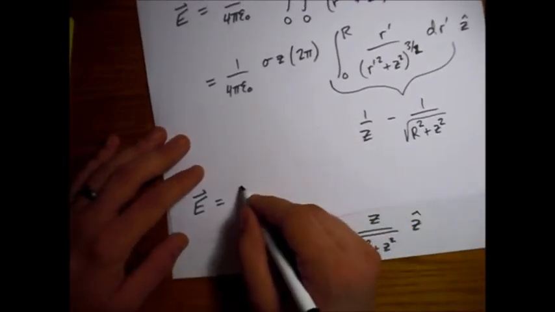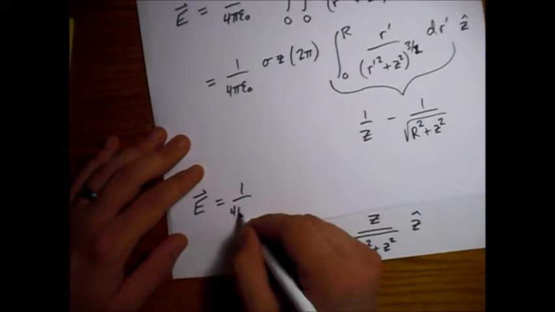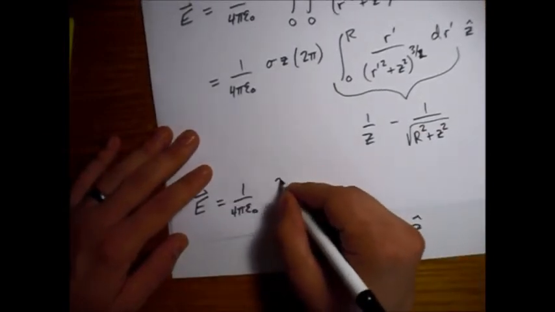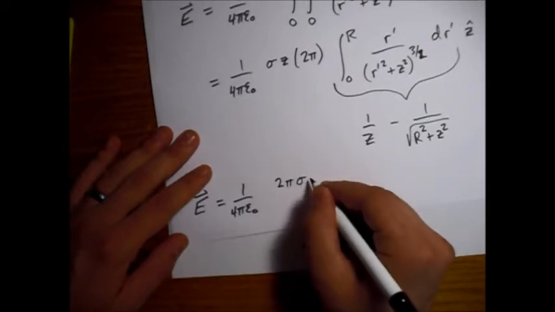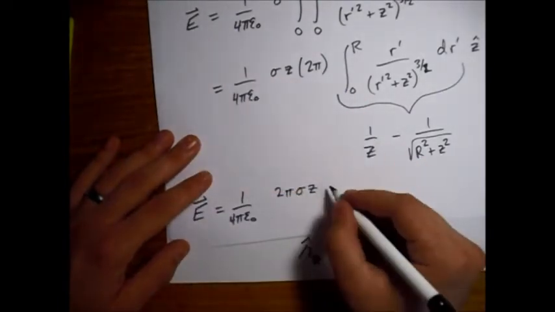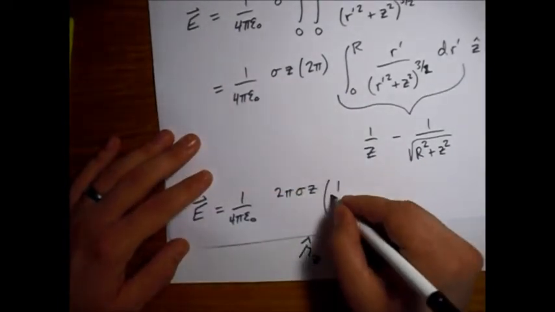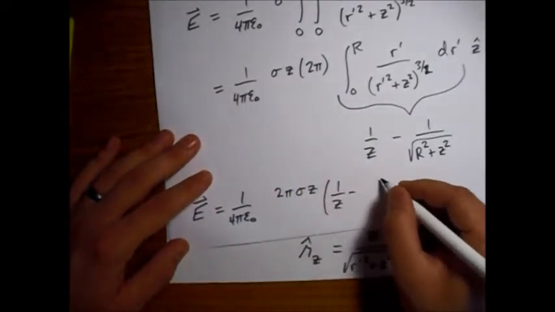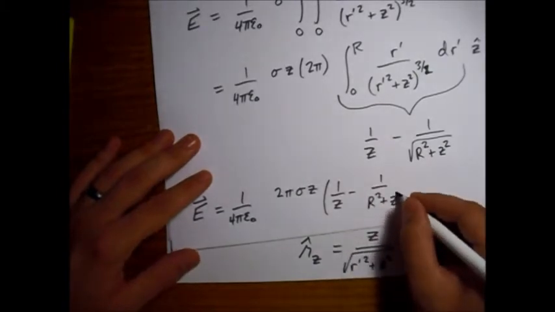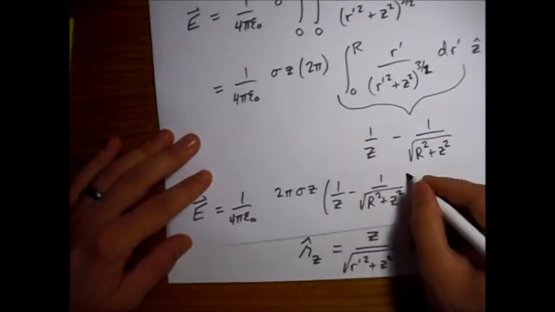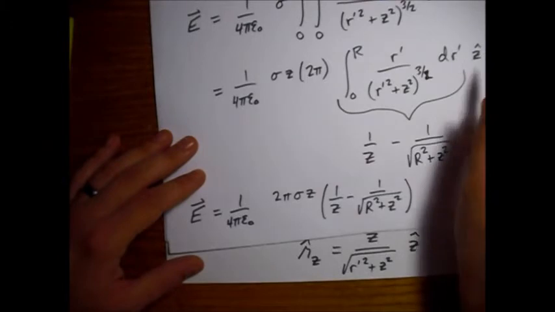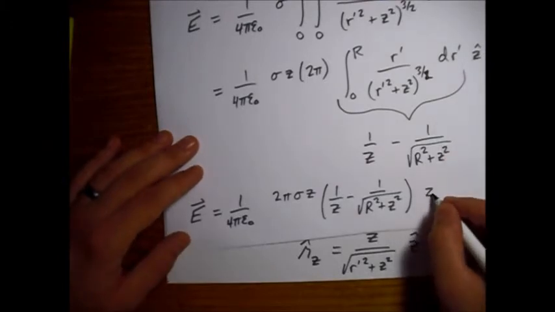All right, so we have a 1 over 4 pi epsilon naught. Keep that separate. We have a 2 pi sigma z from this right here. And then we have this 1 over z minus 1 over the square root of r squared plus z squared, like this, and z hat is our direction.